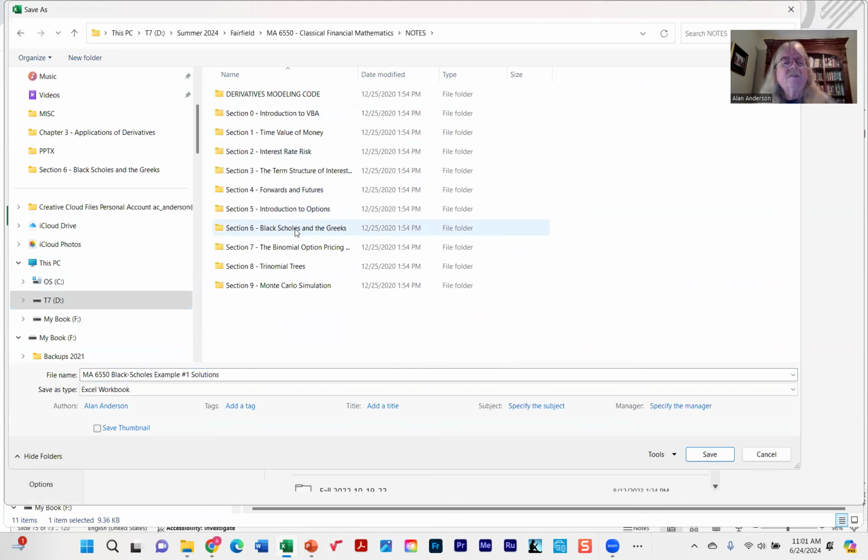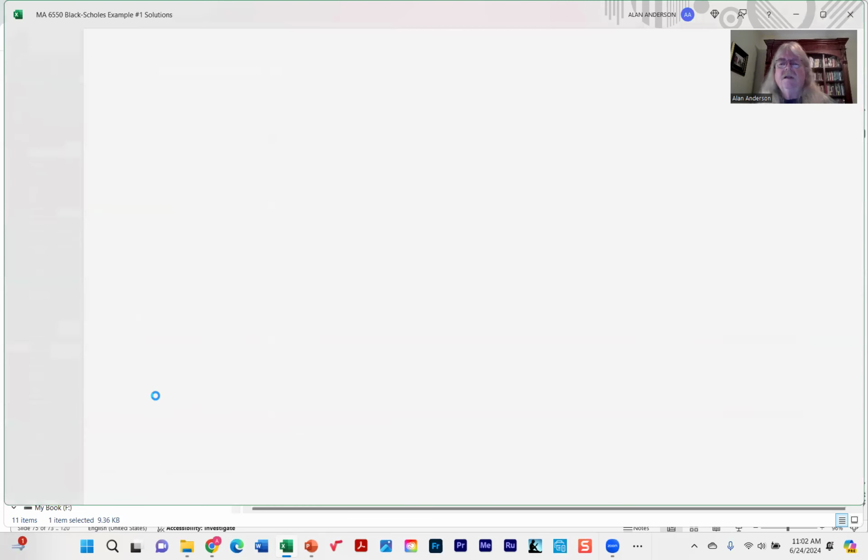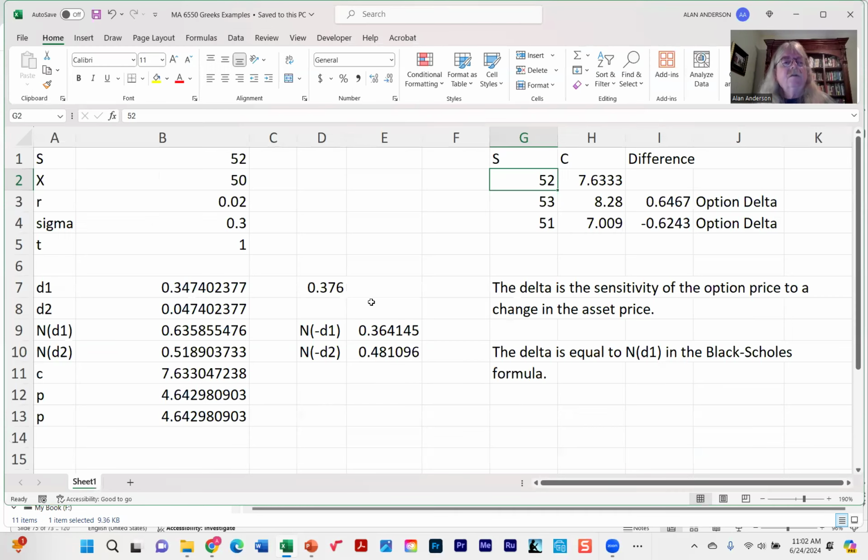This is part of chapter 6, so I'm going to rename it Greeks examples or something like that. Okay, so this is an option that we priced, both the call and the put. And here we're seeing what the delta is all about.